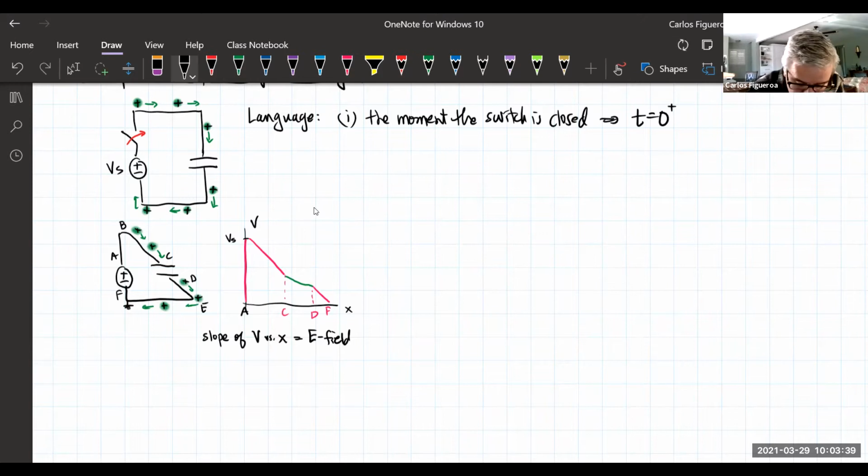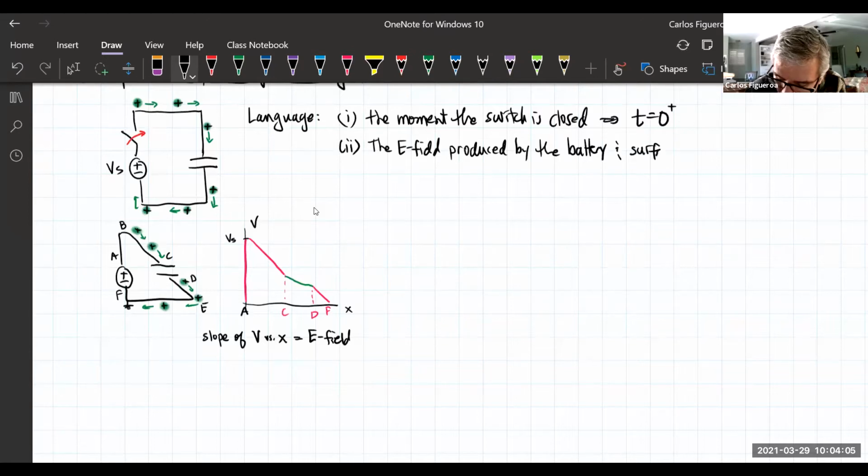So now that I kind of give you a brief picture of how the electric field looks in a circuit here, what you're going to see is that the E field produced by the battery and these things called surface charges on wires guarantees constant current flow.